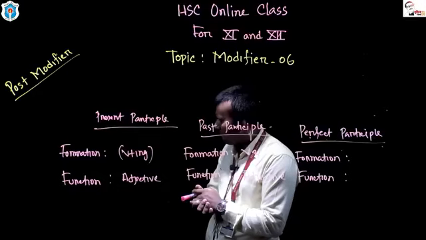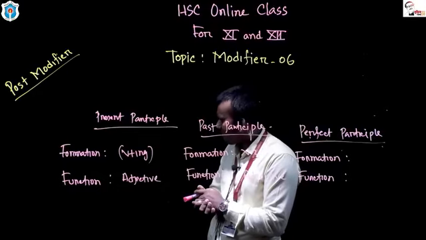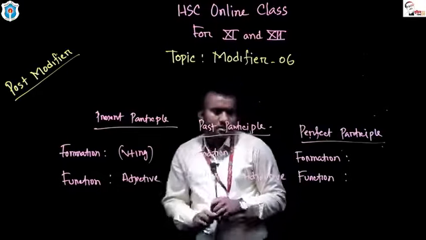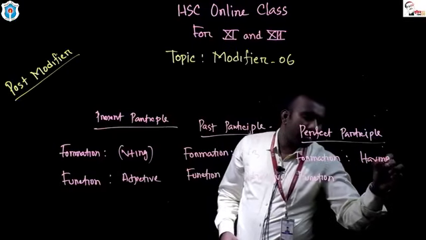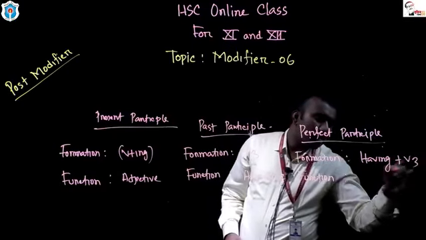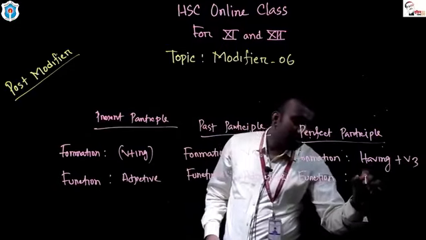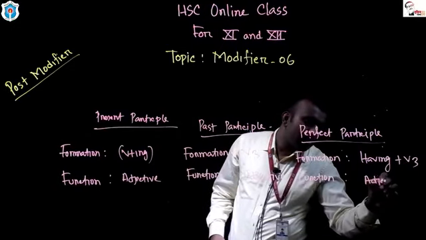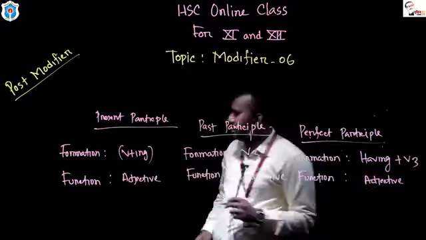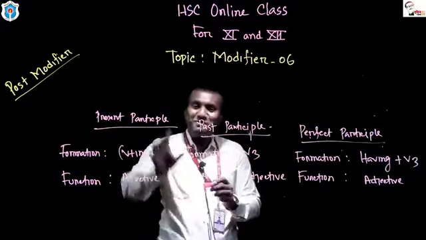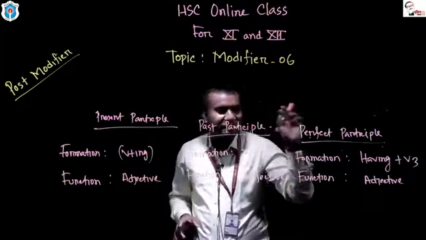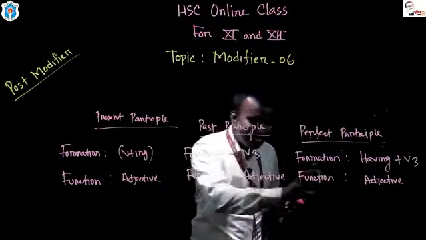Hurry up. Function: having plus V3, that is the past participle. Is it clear to you, my dear students? Present participle, past participle, and perfect participle always work as adjective.